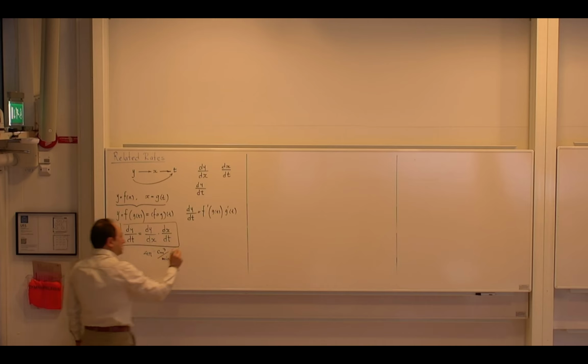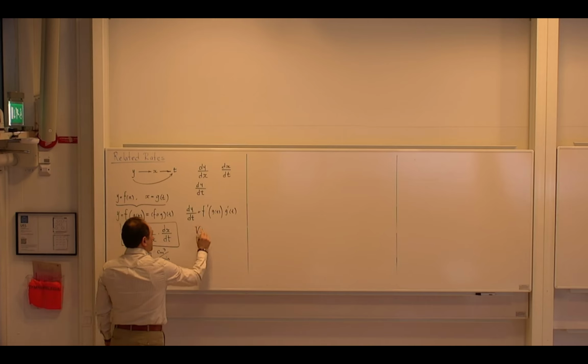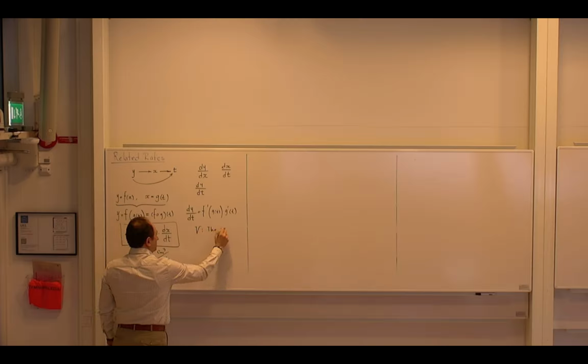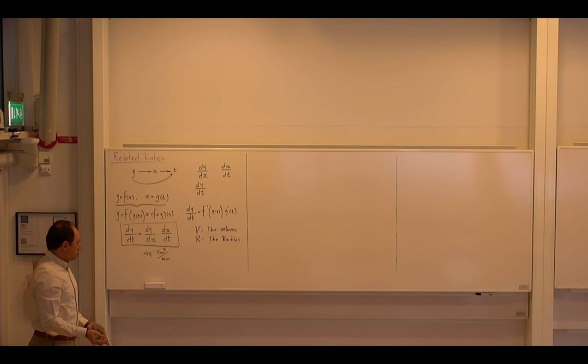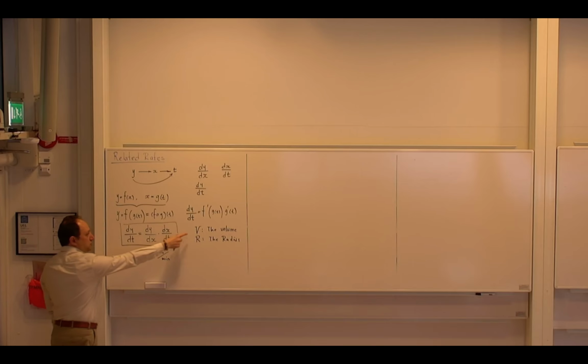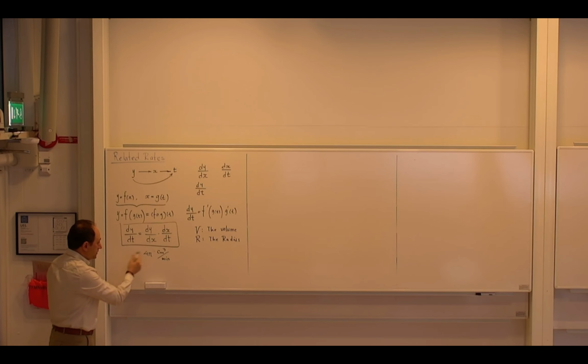So if I say that V is the volume, and for example, R is the radius. Okay, so by reading the first sentence, what can you write? It means the rate at which the volume is changing over time is a constant value, which is given to be 4 pi cubic centimeters per minute.